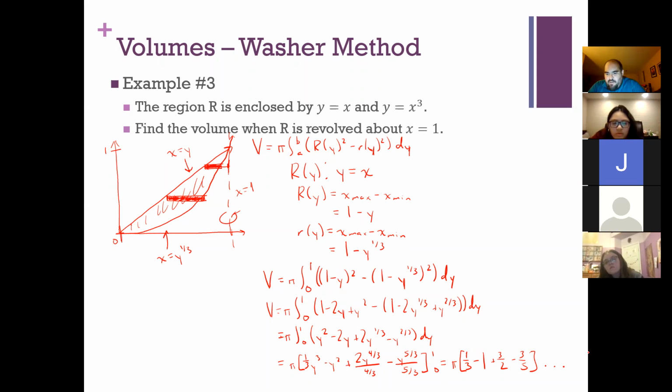So I trust that you all can find a common denominator and add those fractions together. But let's focus on the calculus of this example here. Any questions about how we set this up? I think probably the trickiest parts here are finding these expressions for the outer radius and the inner radius. So if there are any questions there, those would definitely be worth talking about. Any questions about this at all?